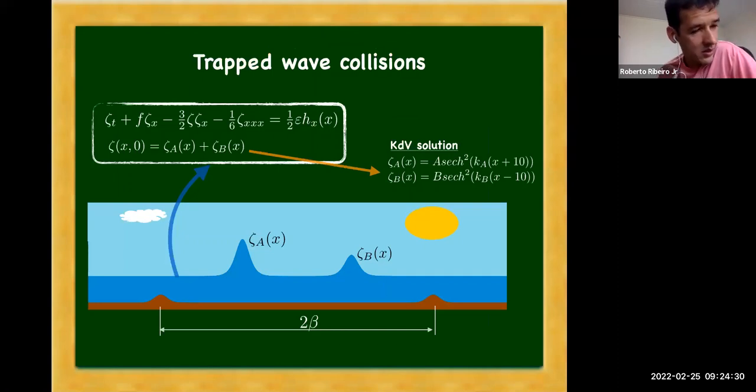Now let's play a different game. Let's assume that between the bumps there are two waves: a wave zeta A, where A represents the amplitude of the wave, and another wave zeta B, where B represents the amplitude of that wave. We are interested in understanding what happens in this kind of configuration.